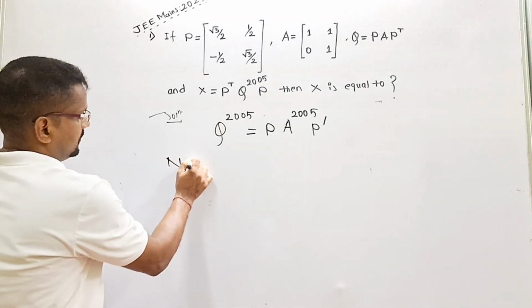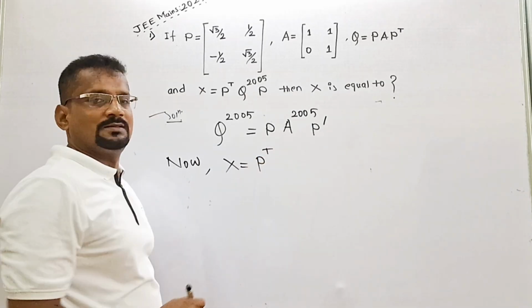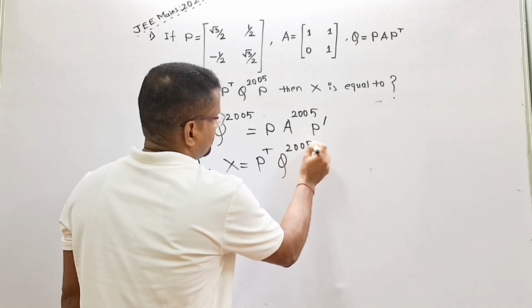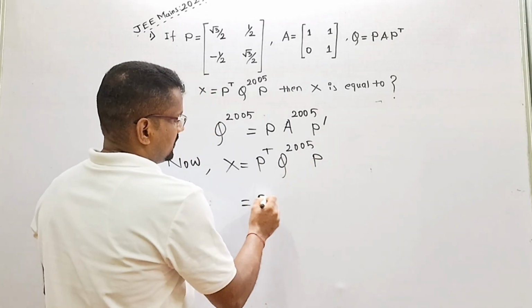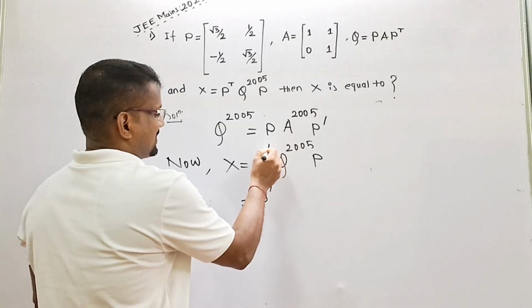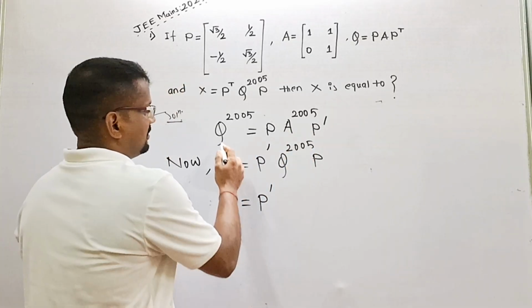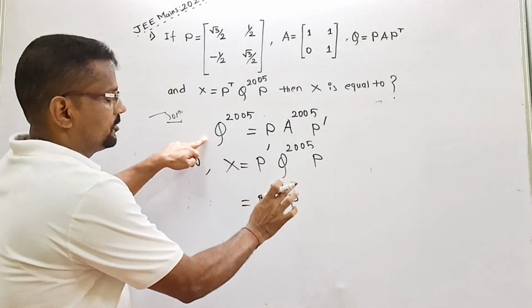Now x is given to you as P transpose, let me use the dash symbol, I like it, Q to the power 2005 and P. So we are going to put the value now.